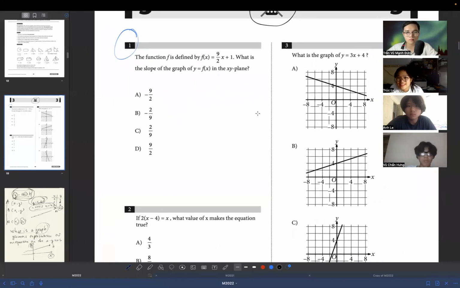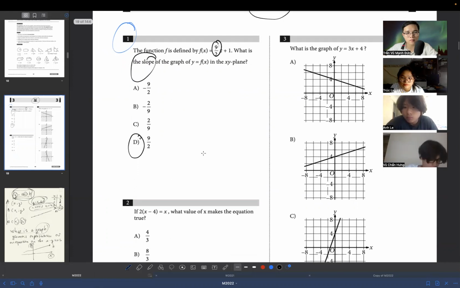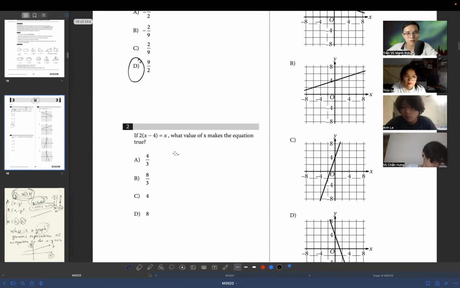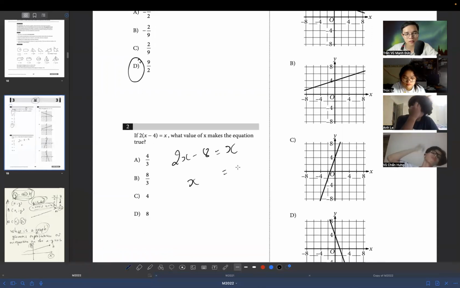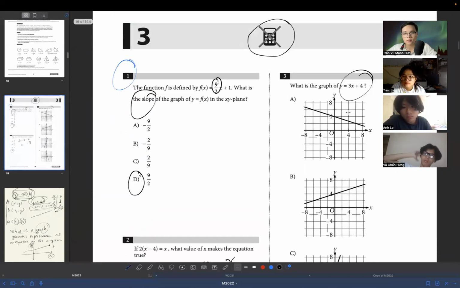The answer is D. Okay, it's D, because this is the slope. And what is the slope? It's this value, this is very simple. You just 2x minus 8x is x is 8, right? D. And this will be the graph of, see, this is what we've learned.